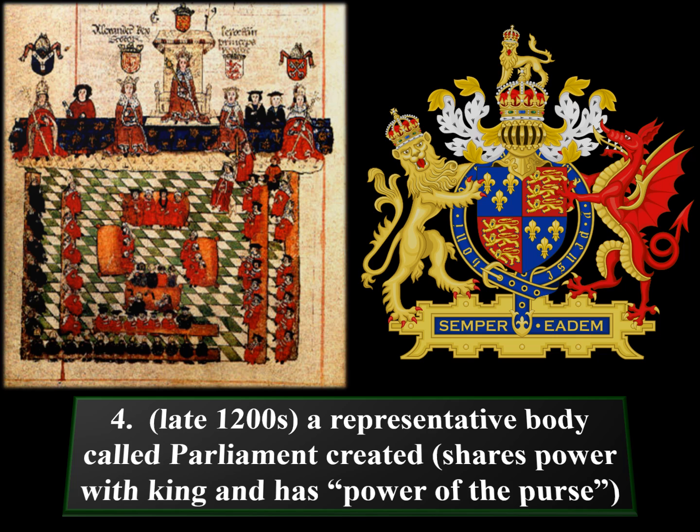Now, of course, when Parliament is created in the late 1200s, this quote representative body is more like the Senate was in ancient Rome. It's represented by the wealthy noble families that had forced King John to sign the Magna Carta. And so they become a representative body, meaning they represent those wealthy noble families.